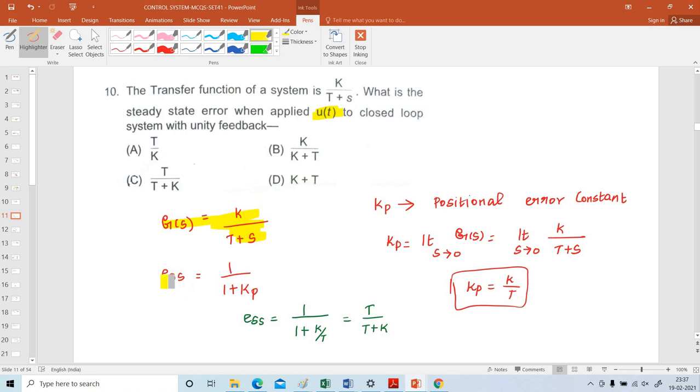Steady state error for step input ess is 1 by 1 plus Kp. And next, I am going to find out Kp. Kp is the positional error constant. Kp equal to limit s tends to 0 of G of s. So limit s tends to 0 of K by tau plus s. So Kp equal to K by tau. And here I have to substitute the value: 1 divided by 1 plus K by tau, and that is tau divided by tau plus K, that is the correct answer. So option C may be the correct answer.